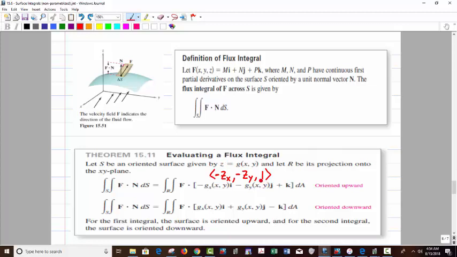So just go with this. Don't worry about so much what I just said, probably confusing. Because it's sort of like saying z equals z of xy. So that's going to be always negative zx, negative zy, comma 1, and then f will be whatever f is. And we'll do a dot product, and then we'll have a function to integrate.